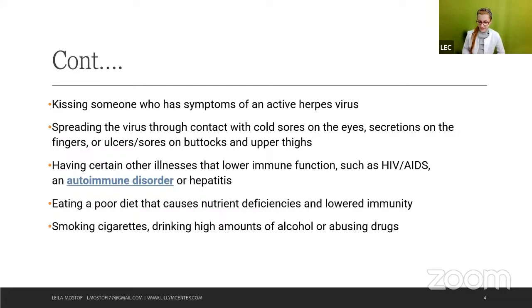Eating a poor diet that causes nutrition deficiency and lowered immunity. Smoking cigarettes, drinking high amounts of alcohol, or abusing drugs.